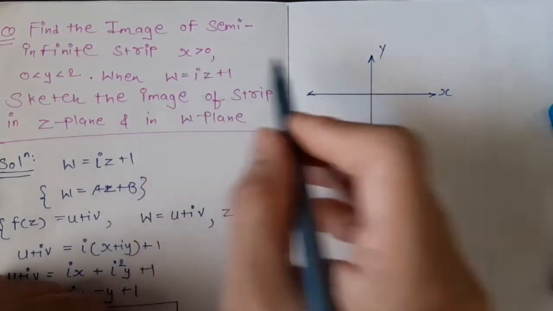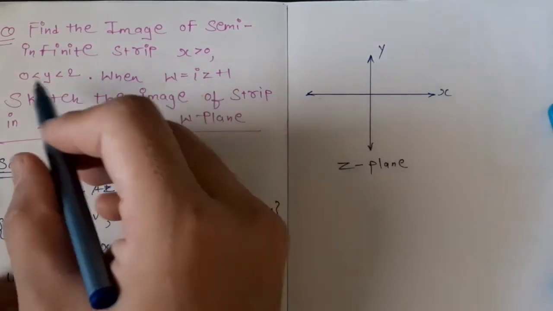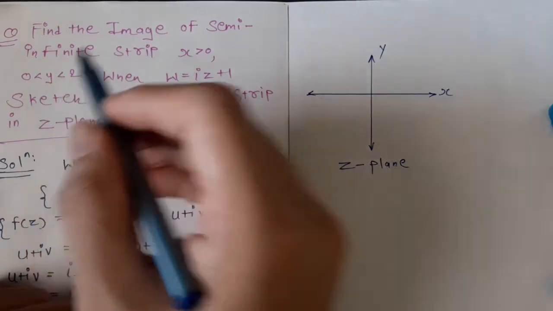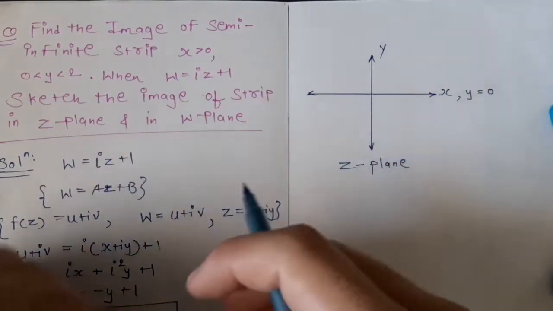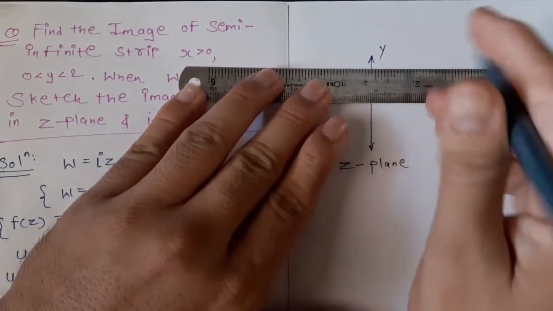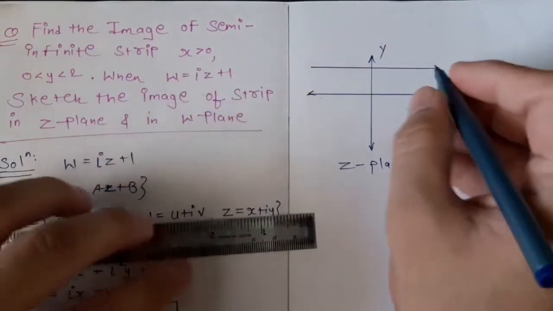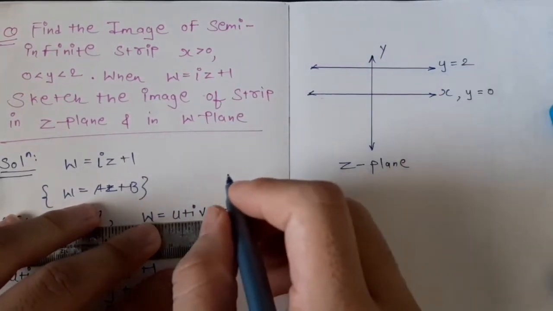We have to take x greater than 0 only, that is the positive part only. And here it is mentioned that y is from 0 to 2. That means y equals 0 is the x axis and y equals 2 is nothing but the line that passes through 2 on the y axis. So this is the y equals 2 line.